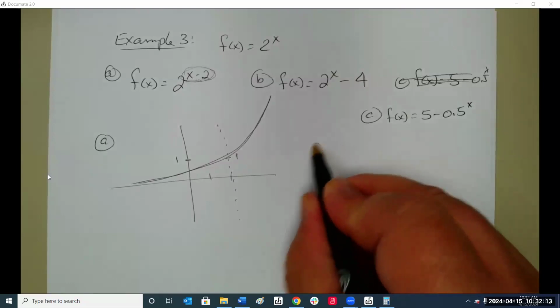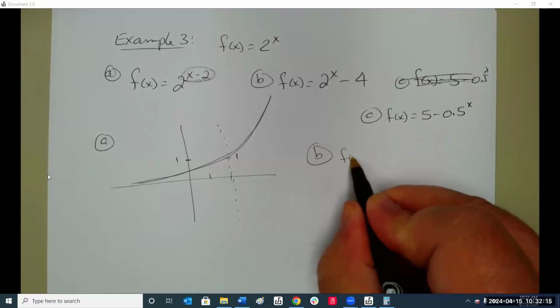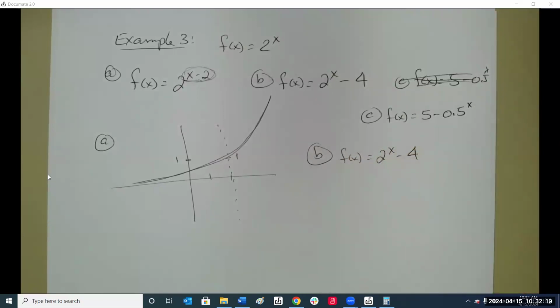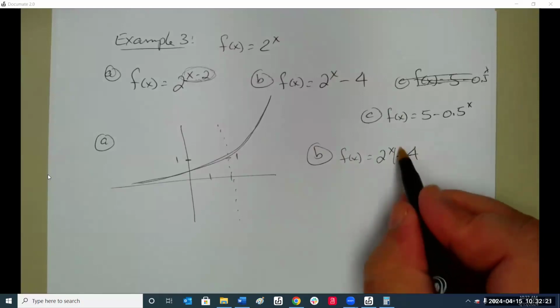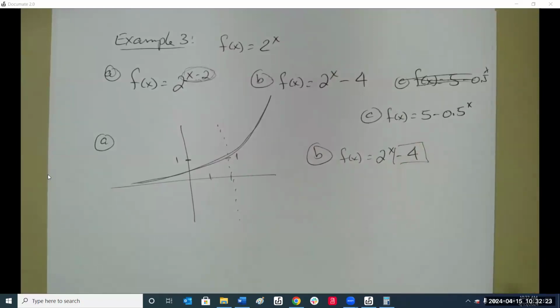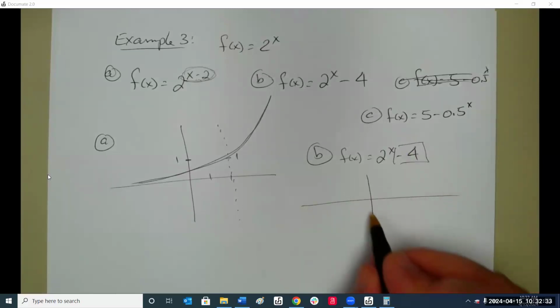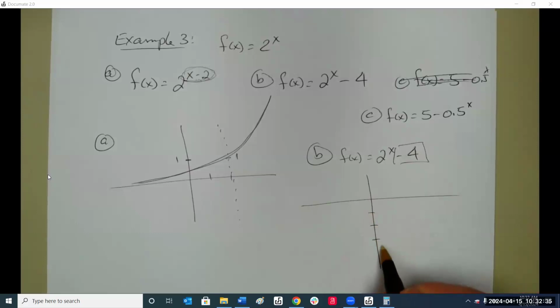What does B look like? It's a vertical shift because this is outside the function. Which direction does it go, up or down? Down 4 spaces. 1, 2, 3, 4.